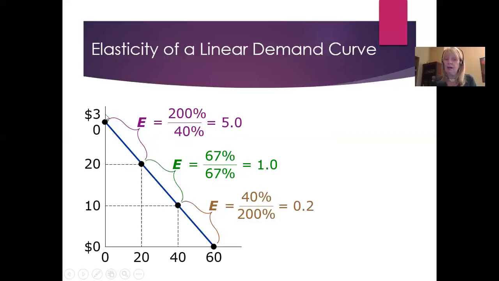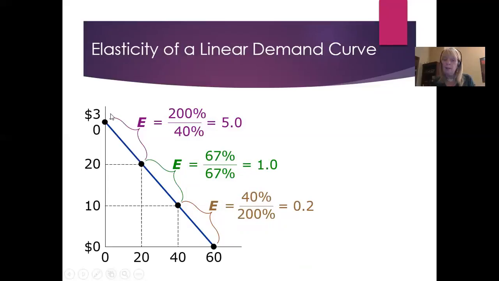And then at the highest prices, demand is elastic. So at these highest prices, quantity demanded is changing at 200%, it's dropping at 200%, while price only went up by 40%, giving you a very elastic demand at 5.0.